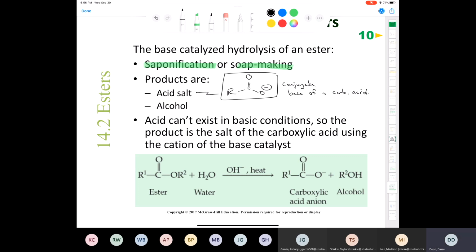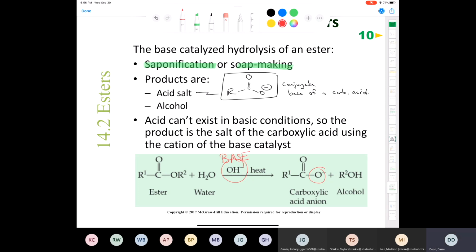Okay, and that's something that you should have learned in chemistry 101: acids, bases, conjugate acids, and conjugate bases. And so since you're doing this reaction in base, hydroxide is a base, you're going to end up with a base. Okay, you're going to end up with that carboxylate salt or that carboxylic acid anion.